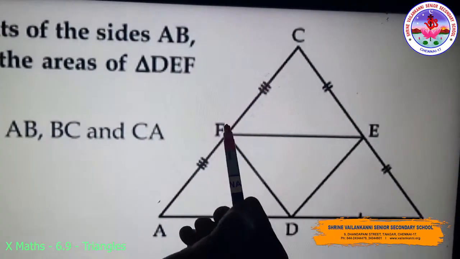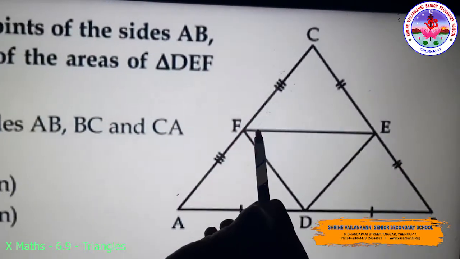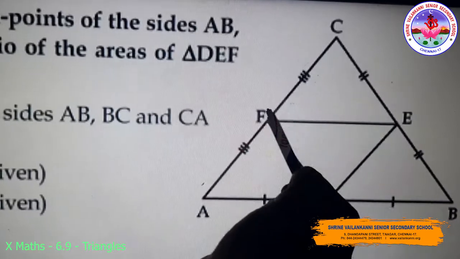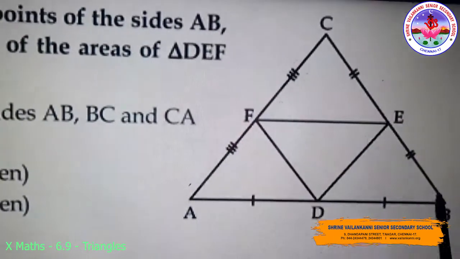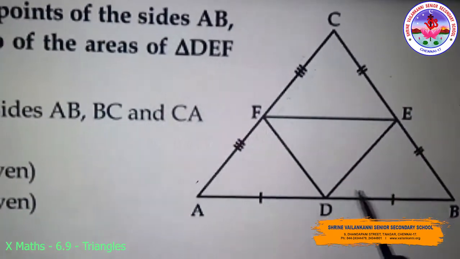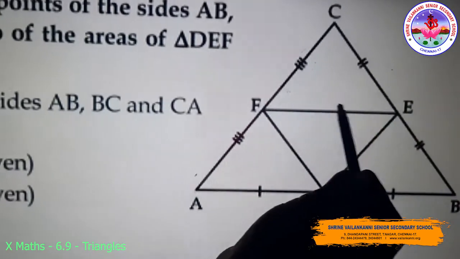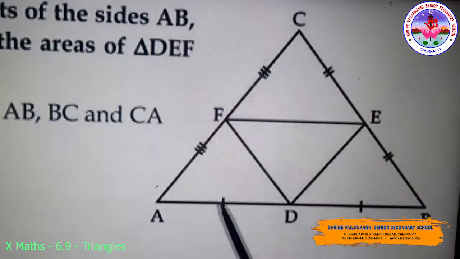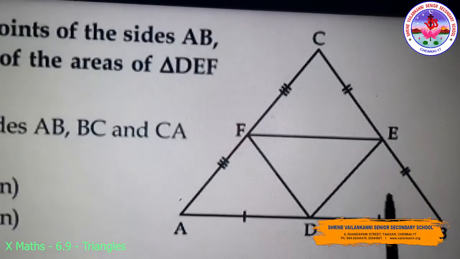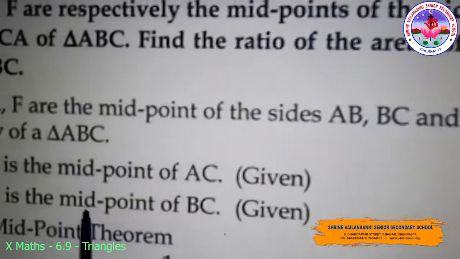We know that by the midpoint theorem, the line joining the midpoints of two sides of a triangle is parallel to the third side, and its length is equal to half of the length of AB. So coming to the problem here, we know that E and F are the midpoints.